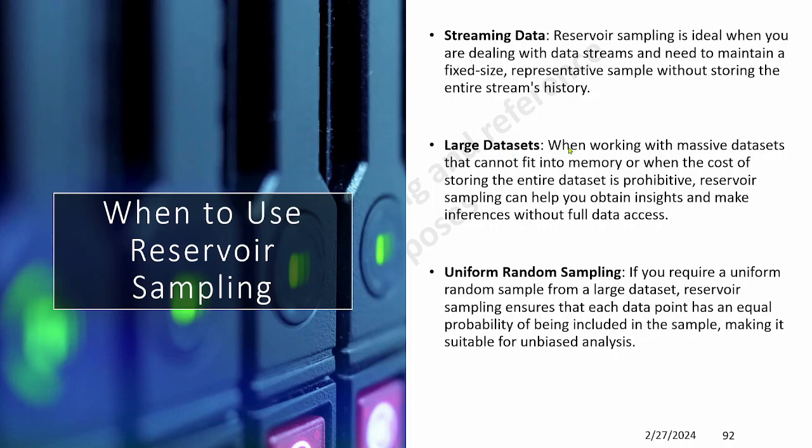Especially useful when you're dealing with a large data set which cannot fit into memory. And uniform random sampling: if you require uniform random samples from a large data set, reservoir sampling ensures each data point has equal probability of being included in the sample.